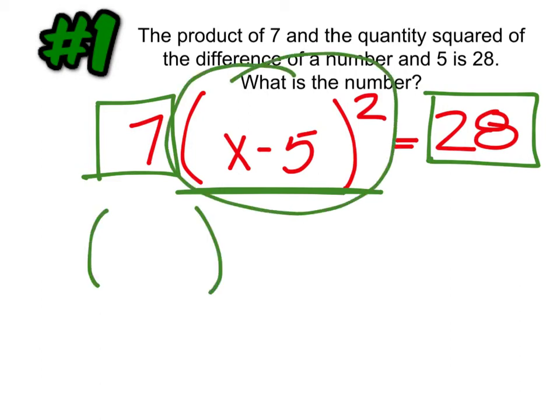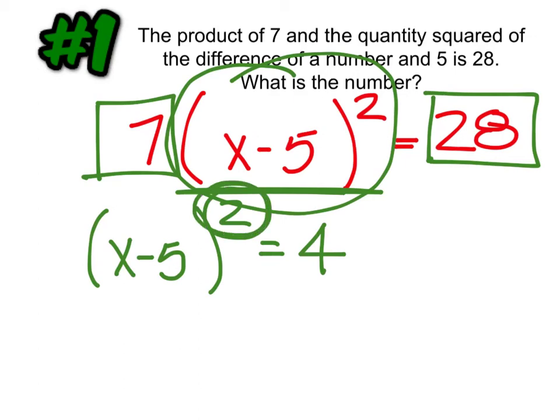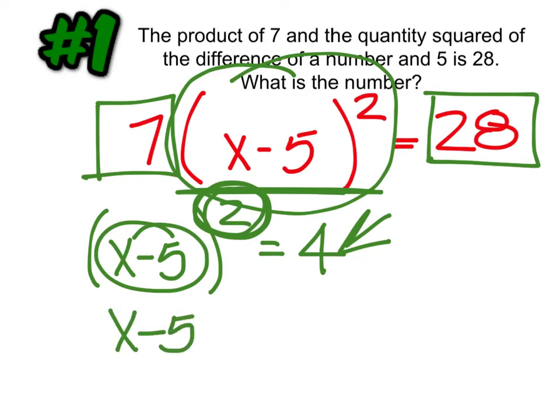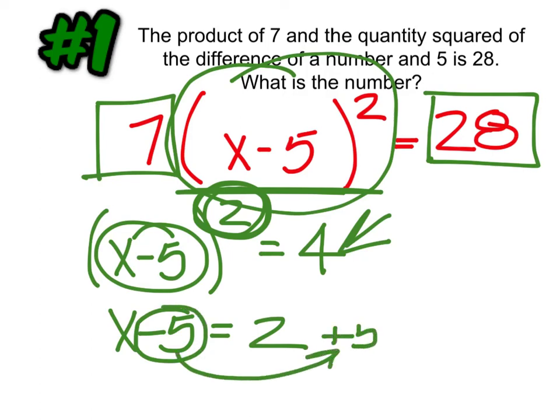So we have the quantity squared of x minus 5 set equal to 4. What number can I square, multiply by itself to get a 4? 2. So that means x minus 5 must be equal to 2. Move this over to this side and make it plus 5. 2 plus 5 is 7.